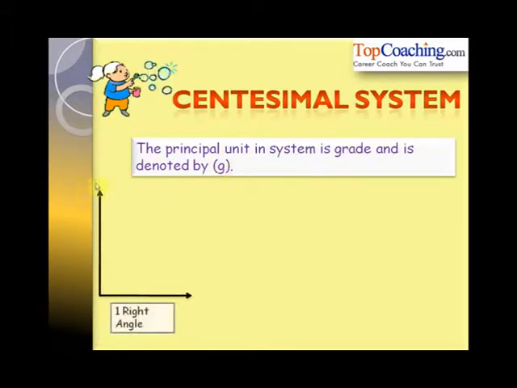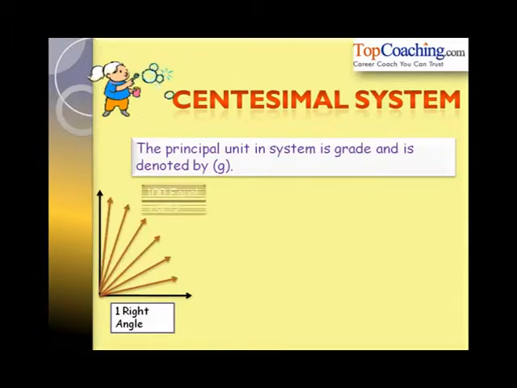Now again we take a right angle, and what we do is we divide this right angle into 100 equal parts. So each of these 100 equal parts is known as 1 grade.